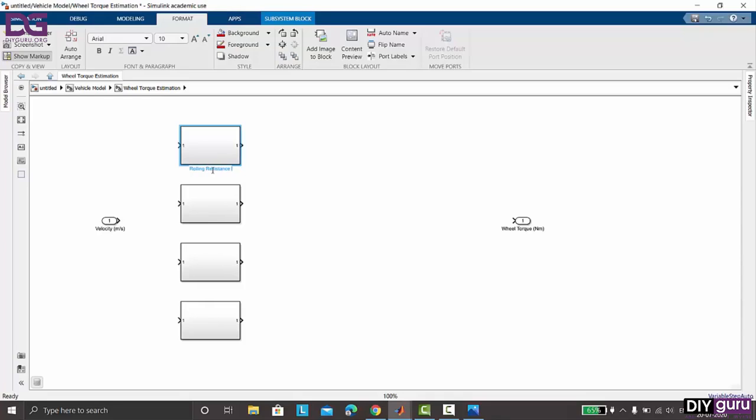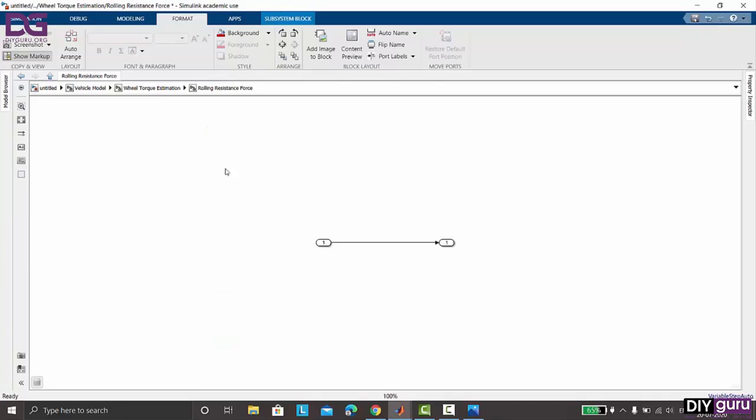And name them rolling resistance force, gradient force, aerodynamic force and acceleration force. So open the rolling resistance force.